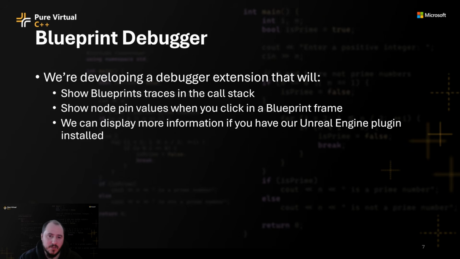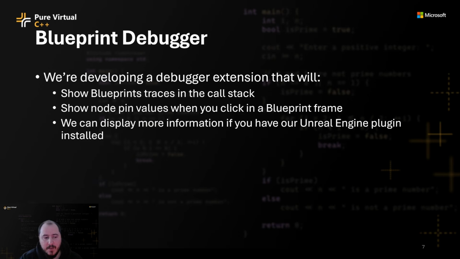So basically, you'll be able to see all the call stack values directly in Visual Studio. So you can see, like in the call stack, the blueprints that are being called, what are the interactions between them. You can also see the blueprint pin values in Visual Studio, and we offer this experience with and without the Unreal Engine plugin.